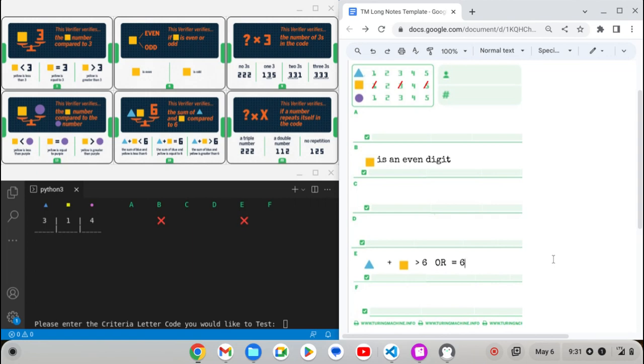Well, that said, can I eliminate any possibility? So again, I can't do anything to square, but what about triangle? Well, 1 plus 2 is 3, that's less than 6, and 1 plus 4 is less than 6. So I can actually eliminate 1 from triangle. But I can't eliminate any more because even though 2 plus 2 is 4, 2 plus 4 is 6.